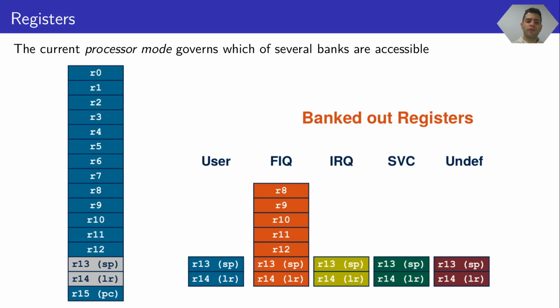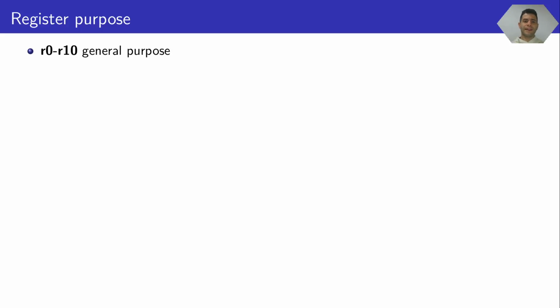The reason for having these banked registers is to get faster interrupt handlers and services, as they can use their own banked registers without having to save user mode registers to memory. Let's see all the registers in more detail.